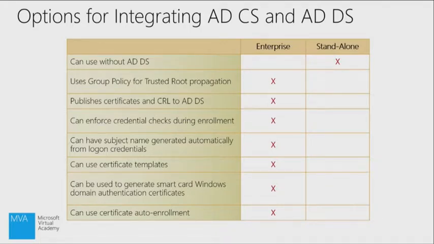You don't have group policy for trusted root propagation, and I'll have to explain that for a moment. As I mentioned, every computer, when built, when deployed with, in this case, we'll stick with Microsoft Windows operating systems on them, there is a list of trusted certification authorities worldwide built into that operating system. My internal certification authority isn't on that list by default.